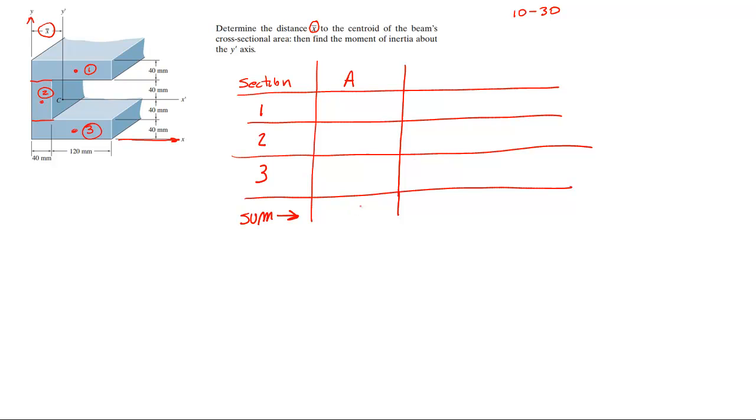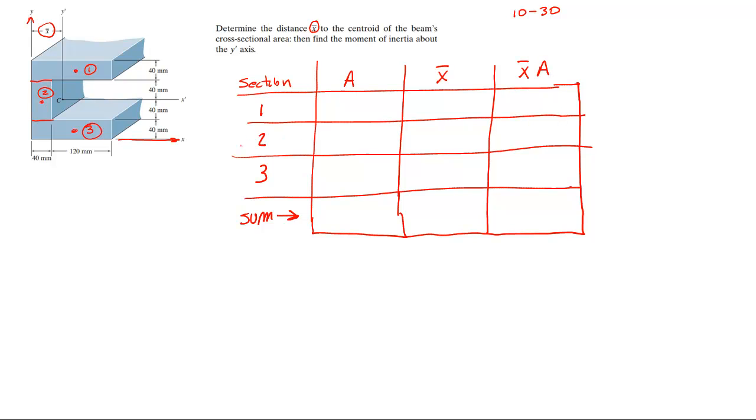The sums are over here, and then I'll do X bar in this column, and then last but not least, I will do X bar area here.